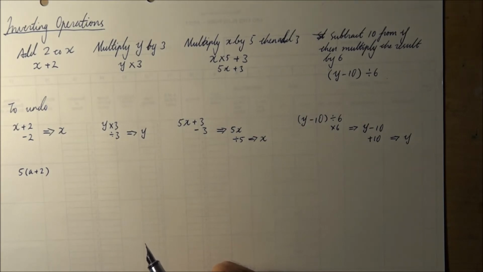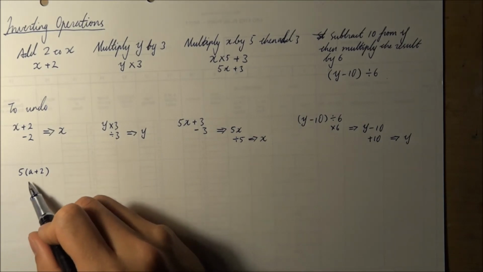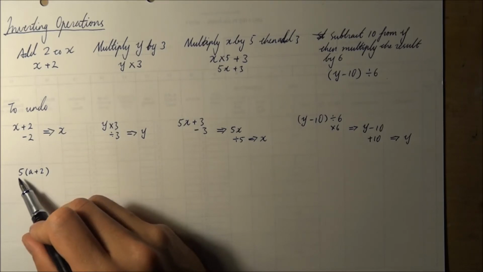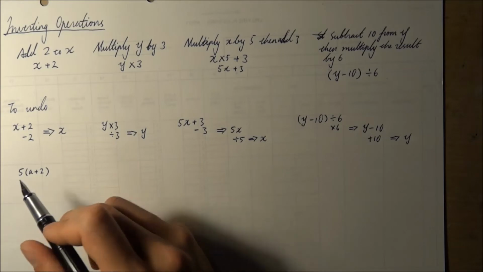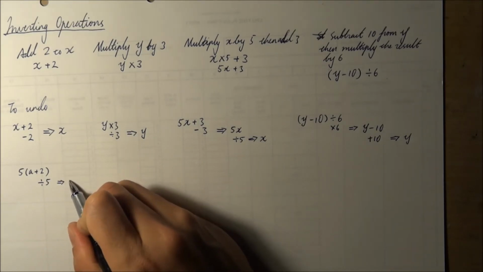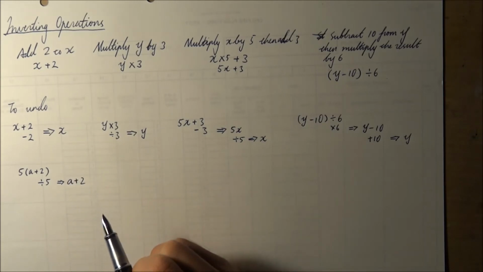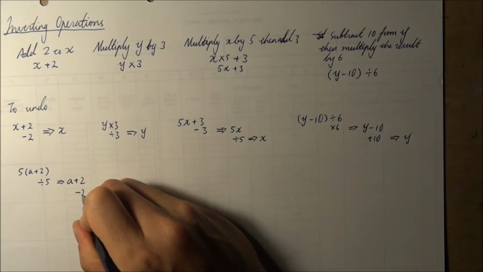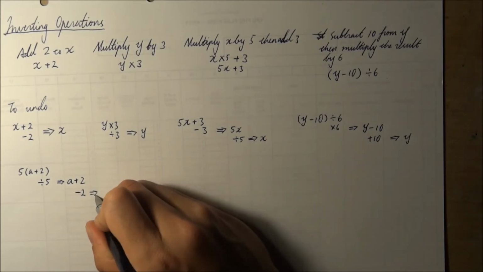So in this case, to reach a, we have to undo the multiply by 5 first. So we divide everything by 5 and we get a plus 2. And then to undo the plus 2, we subtract 2 from it, and then we reach a.